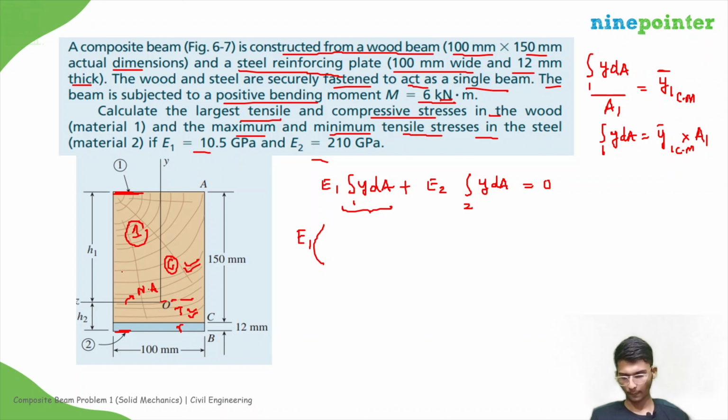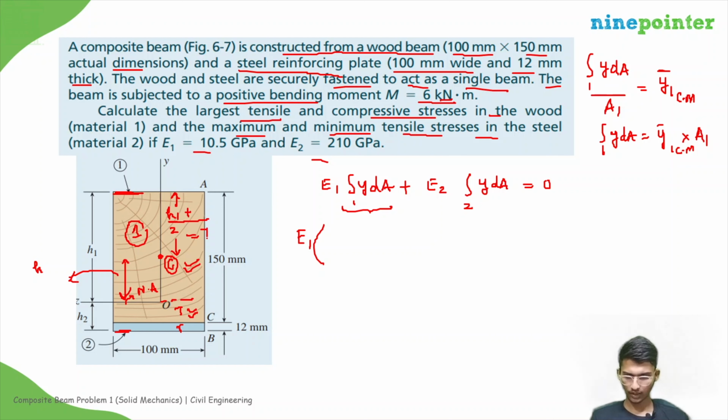Y center of mass of this material 1 will be at this position, right? So this will be h1 by 2, right? So this distance will be how much? This will be at h1 by, sorry, this will not be h1 by 2, it will be h1 plus something. See, we need to take this distance, that will be 150 by 2.